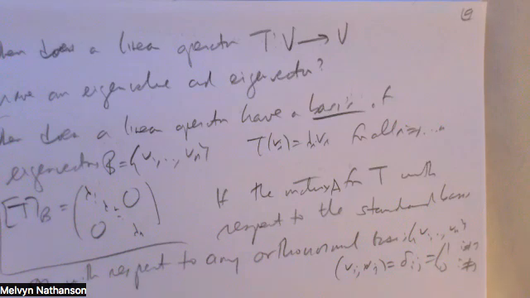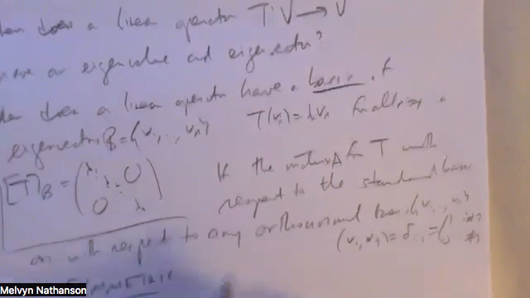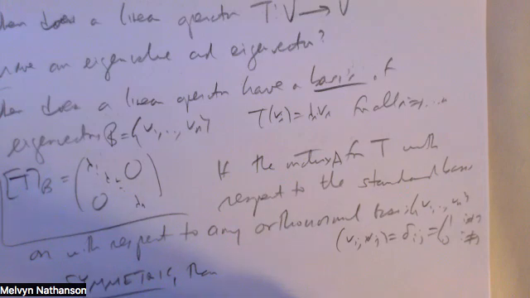So if the matrix for T with respect to any orthonormal basis is symmetric, this is the magic word, one of 2 magic words, is symmetric, then, I'll just say yes, there is a basis of eigenvectors for your vector space.